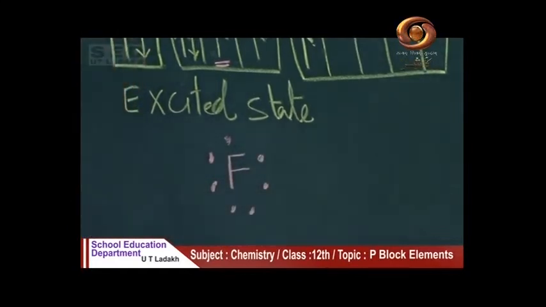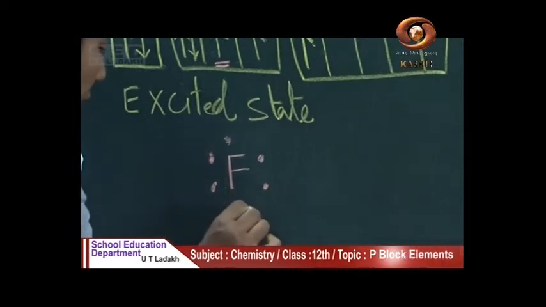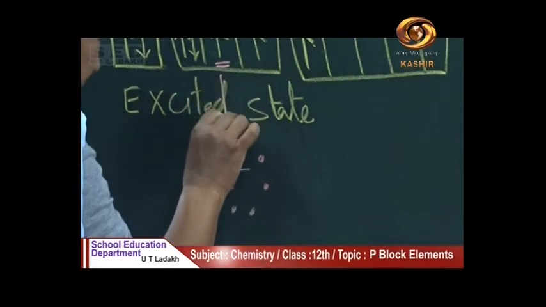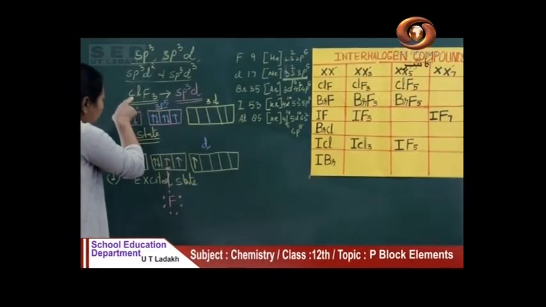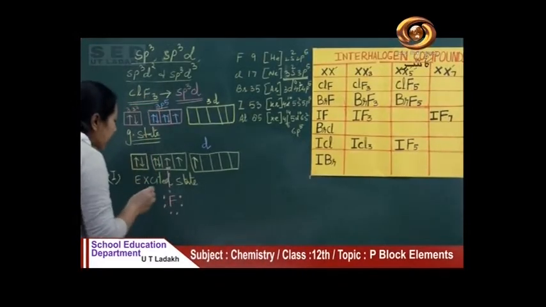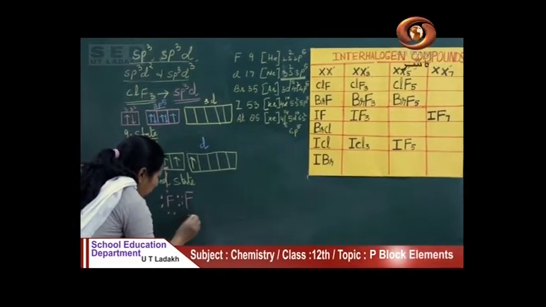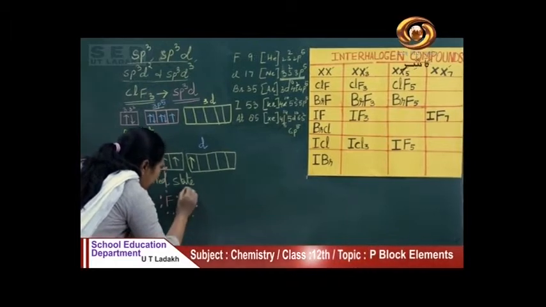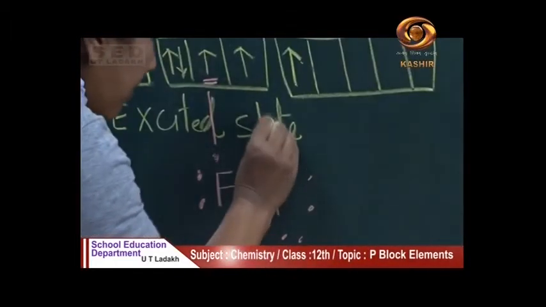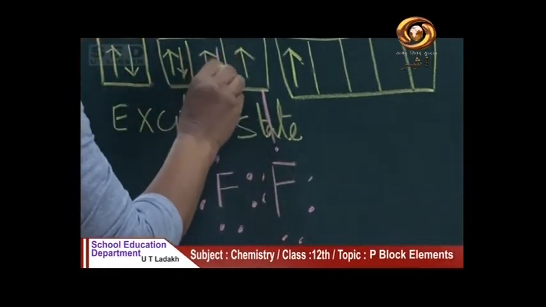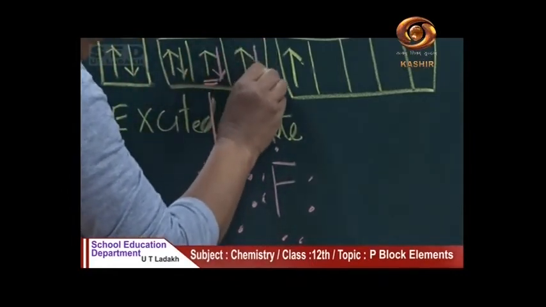Fluorine has 7 electrons in its outermost shell: 1, 2, 3, 4, 5, 6 and 7. It will share with this. We have to react with 3 fluorines. Each is covalently bonded with this, and it is doubly filled.